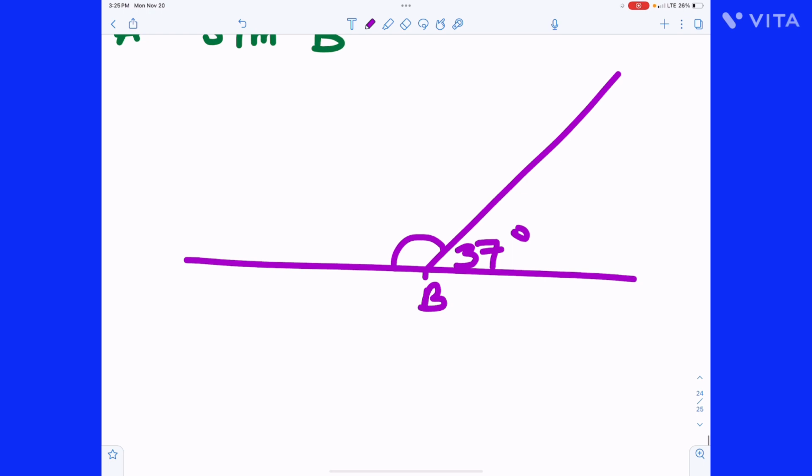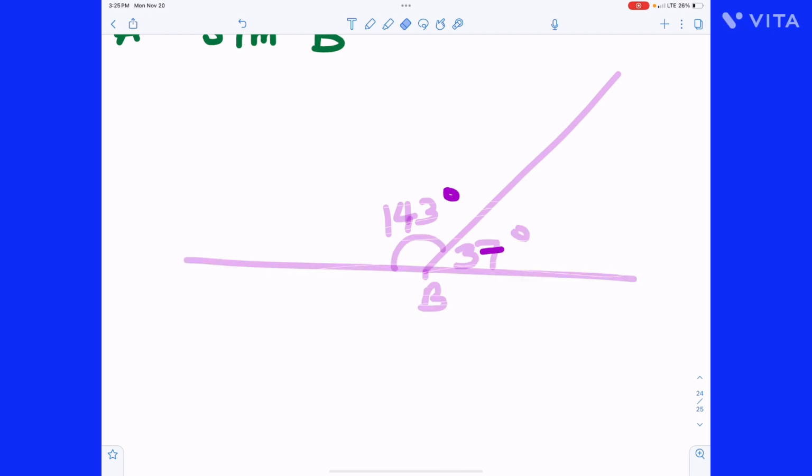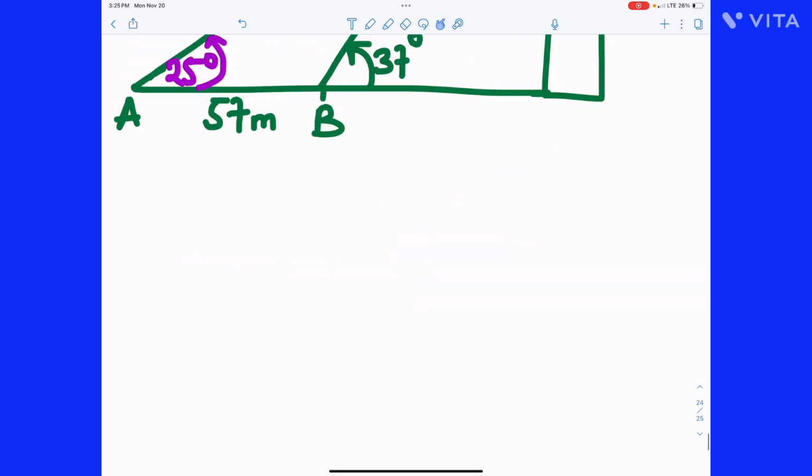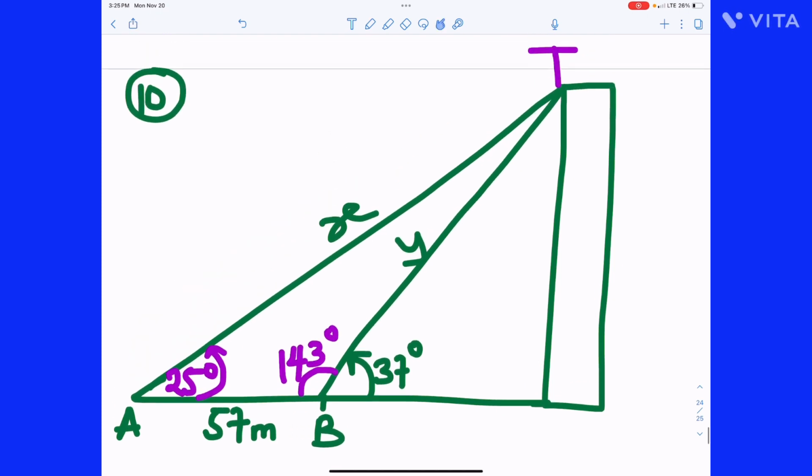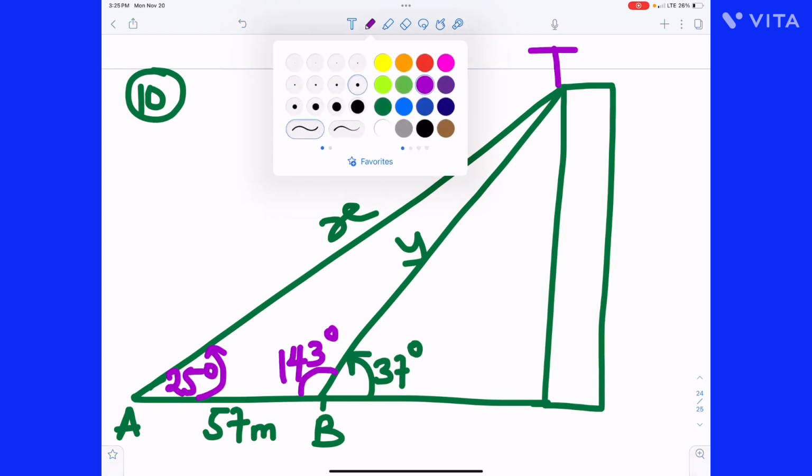The remaining angle here should be 180 minus 37, which is 143. So that's not confusing at all. That tells us that the angle here is 143.